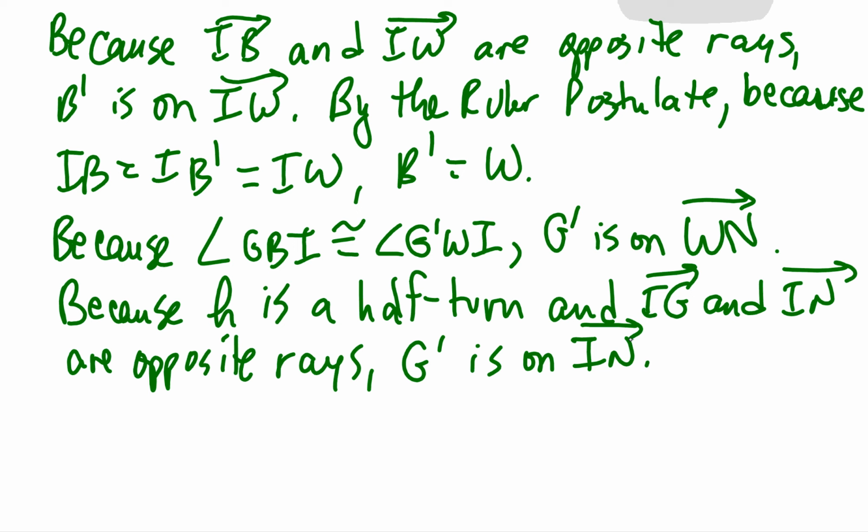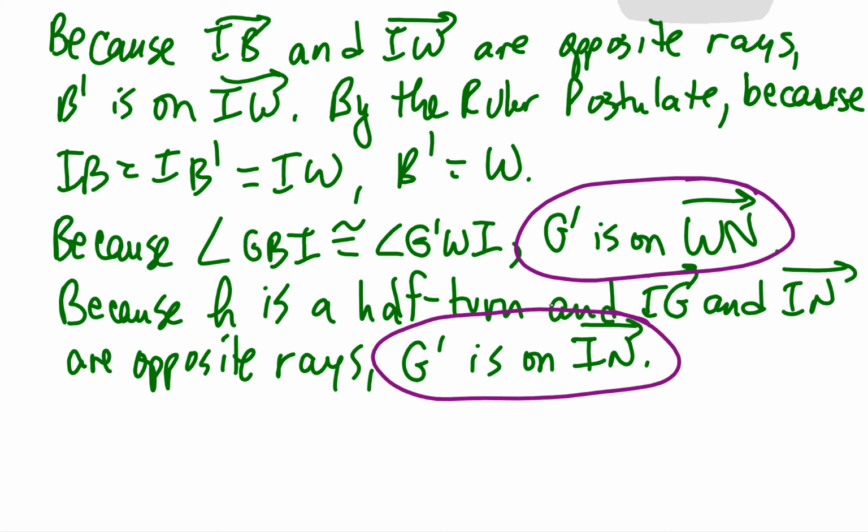Now, what do we do with that information? G prime has to be on ray WN, and G prime has to be on ray IN. So G prime has to be the only point that's on both of those rays. Therefore, G prime is N.